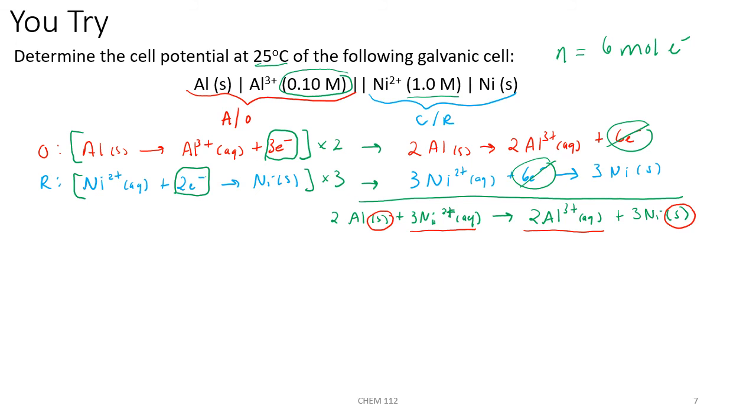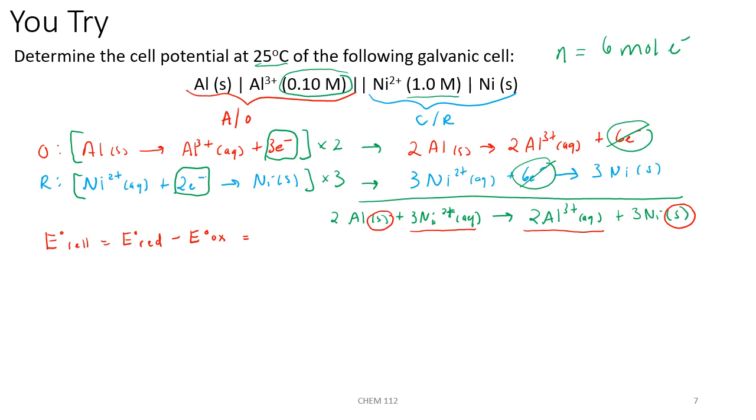The other thing we need to find is our standard cell potential. So we have our oxidation and our reduction half reactions. We're going to have to consult our standard reduction potential chart to calculate E cell. And so that's going to be equal to the reduction potential of our reduction half reaction at the cathode minus the reduction potential of our oxidation reaction at the anode.